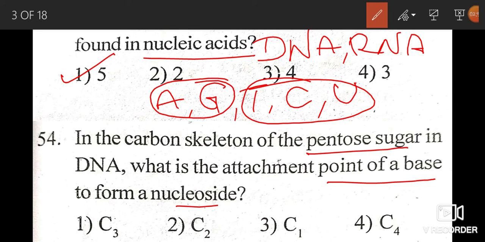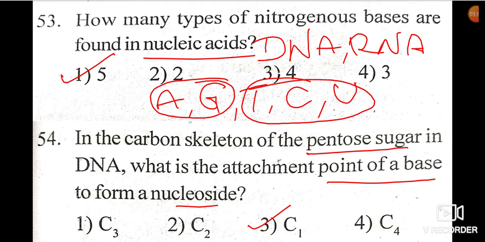Right option is 3. C1, first carbon. So in pentose sugar, nitrogen base is attached to first carbon.